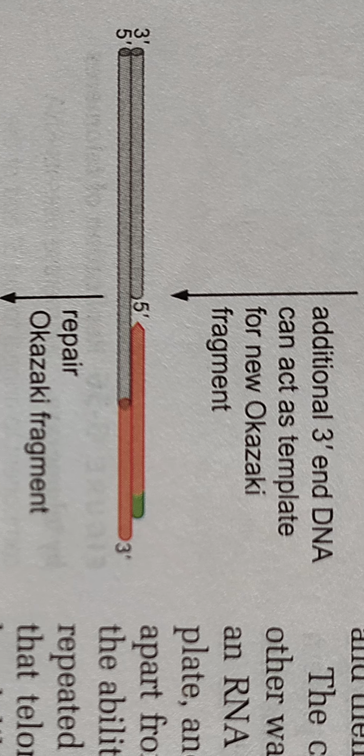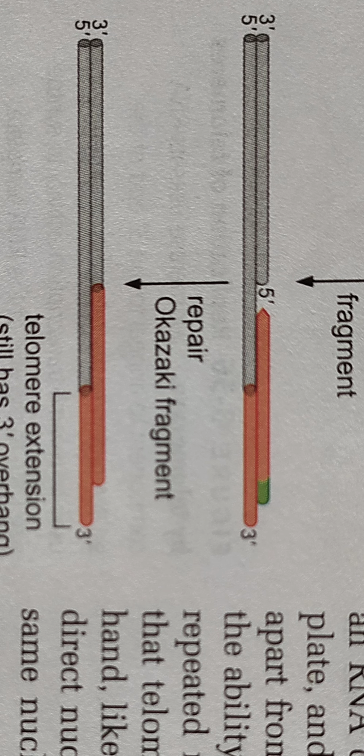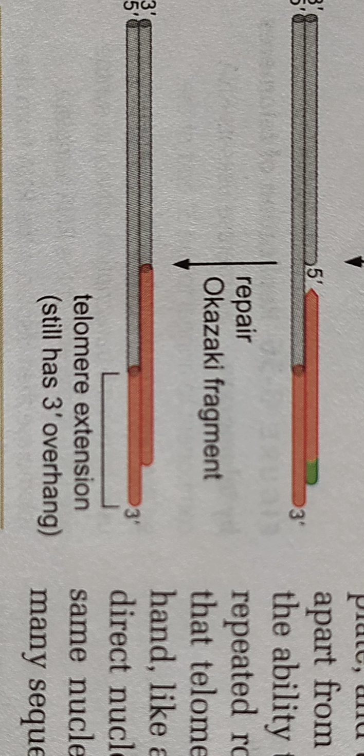But after considerable cell division, more and more the lagging strand is getting shortened. After a considerable period of time there will be a time when again essential regions of your gene will be eliminated due to problems occurring at the end of the lagging strand.